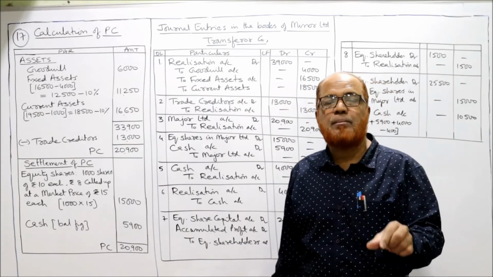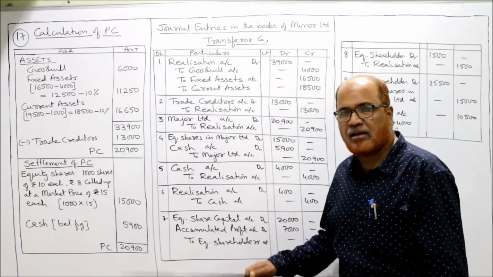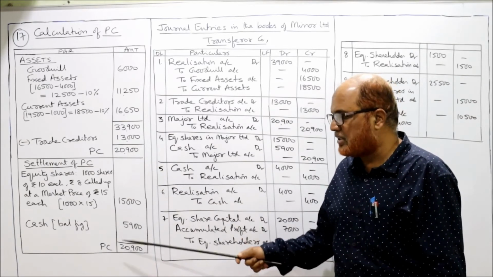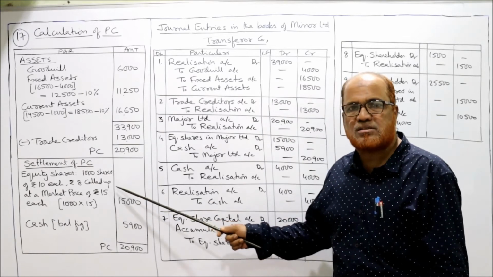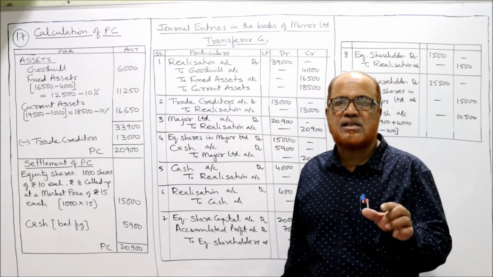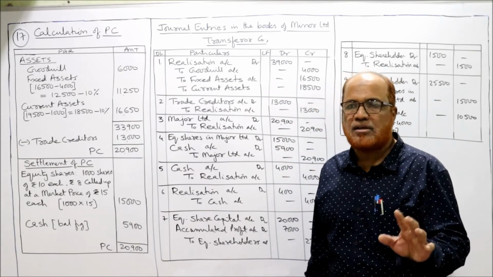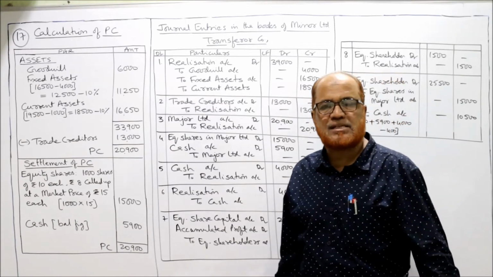And in the problem it is given balance in cash. That balancing figure we got is 5,900. So total PC 20,900. Out of 20,900, 15,000 worth of shares. So minus 15,000, remaining 5,900 is cash. Right? This is the complete explanation of the calculation of purchase consideration.